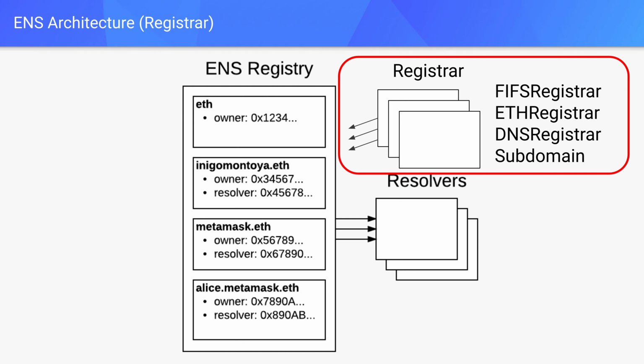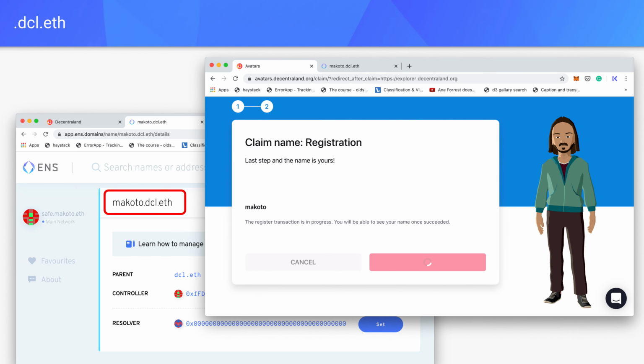One thing you could do is create your own registrar to issue your own subdomains. For example, if I have matoken.is, you can issue something like who.matoken.is. The prime example is Decentraland. Decentraland is a kind of virtual metaverse, and when you claim a name on their registration page, you can set the name, but that actually also becomes a subdomain of dcl.is.